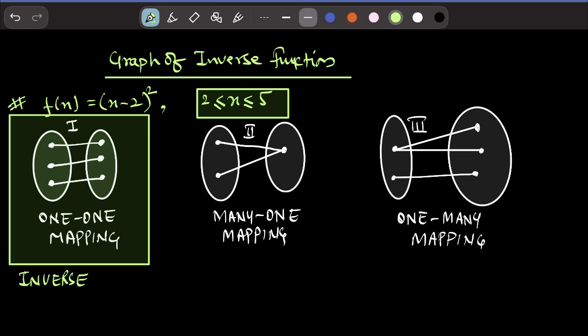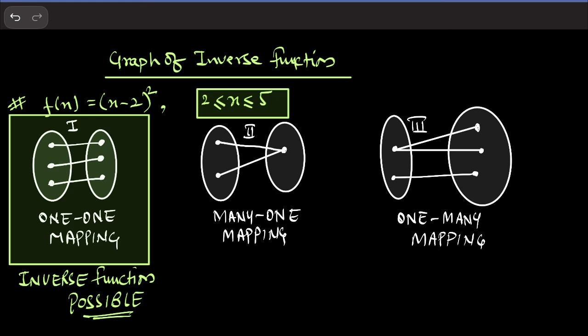So out of all these cases, only one mapping is the mapping which has inverse function possible, right? So you need to remember this thing, that inverse of a function is possible only if this is the case, not for this, not for this, right?